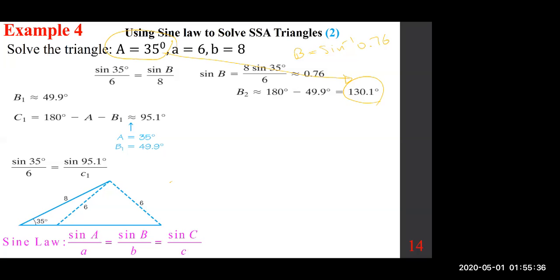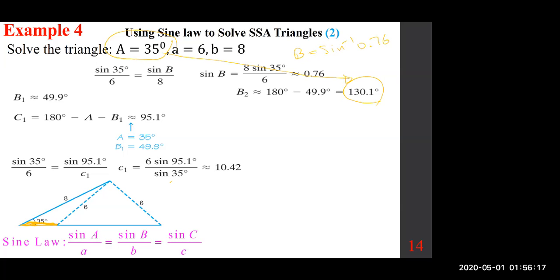I just wanted to show you. And so sine 35 over 6 is sine 95.1 over C1, let's say. And we end up with 10.42 as the answer for the third case, the missing side. But remember, the missing side could be this little one, if you will. This is C1, I want you to see that. Or it could be the large one. And why is that?